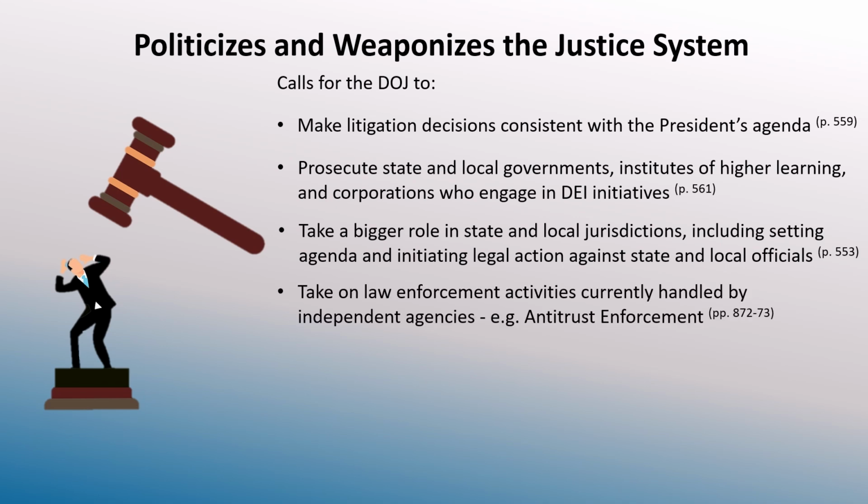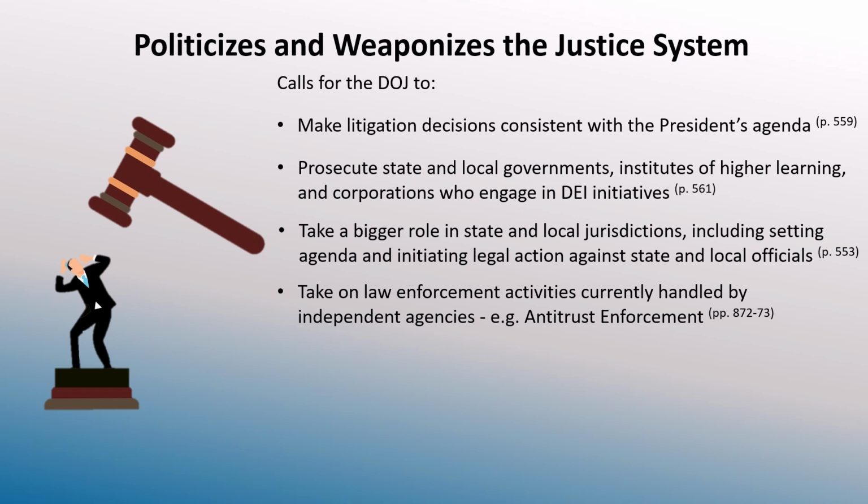Project 2025 also calls for the Department of Justice to take over law enforcement currently handled by independent agencies. There are examples of this later in the presentation. Why does Project 2025 call for this? Well, the President currently has limited control over independent agencies.